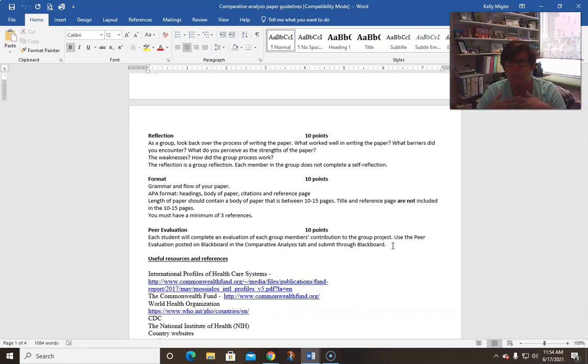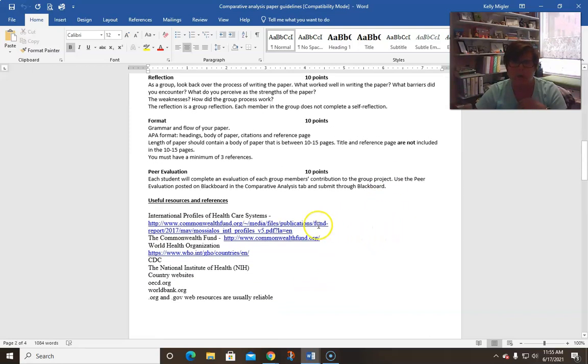So it's really important that everybody pulls their weight and contributes to the paper. And so everybody in your group is going to complete a peer evaluation. This is worth the final 10 points or 10% of the paper grade. So everybody in the group may not receive the final same grade for this assignment depending on the peer evaluations.